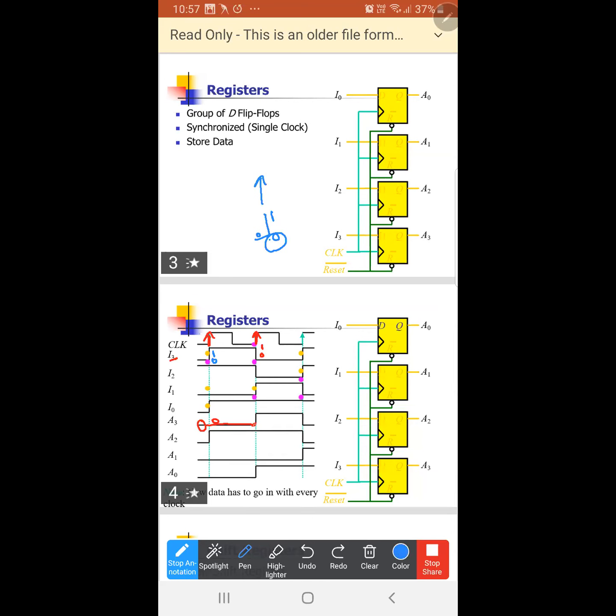So the result will go to 1 and stay 1 till the next clock. Now check the value of I3 again. What is the value of I3? It is 0 and then 1. So which value will you choose now? 0. The same you can complete for the others, I2, I1, I0. Got it? Does anyone have a doubt in this?